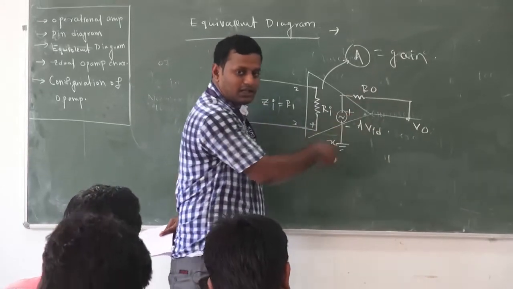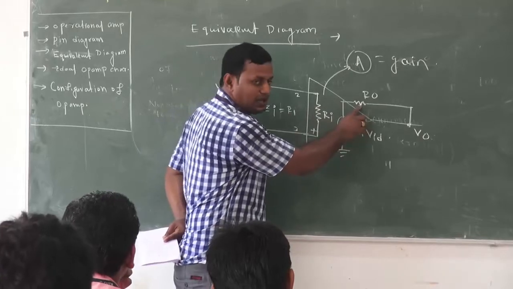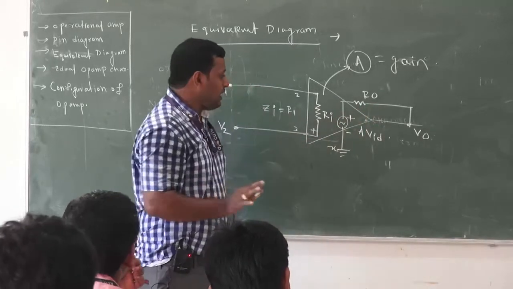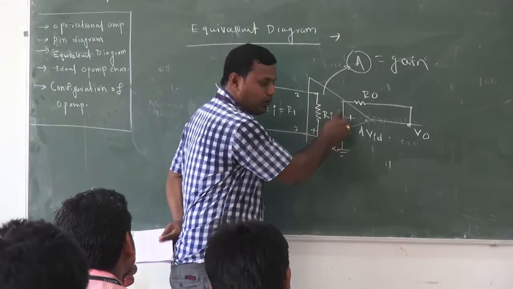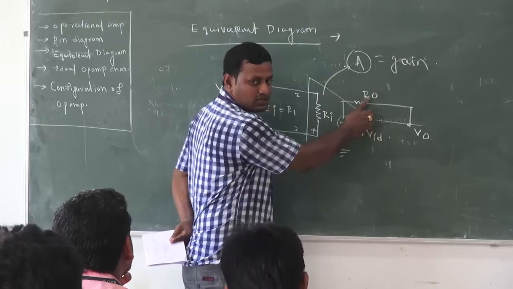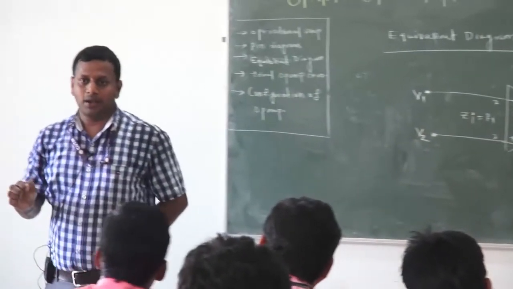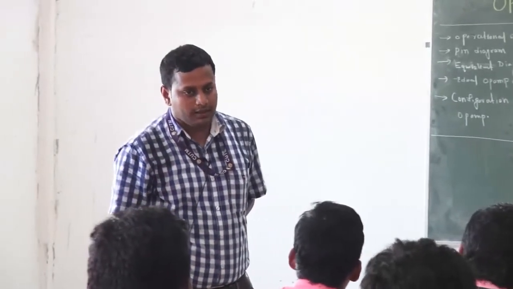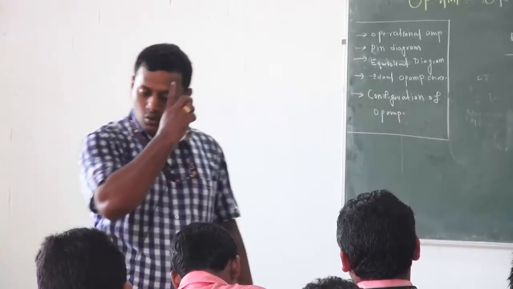Whenever you calculate the output impedance, you have to short the voltage source, so only R0 is my output impedance. Again, the op-amp is a device where the output voltage is equal to A times VID if R0 is equal to 0. So basically this is the equivalent diagram of an op-amp. Then I am coming next to the heading, ideal op-amp characteristics.